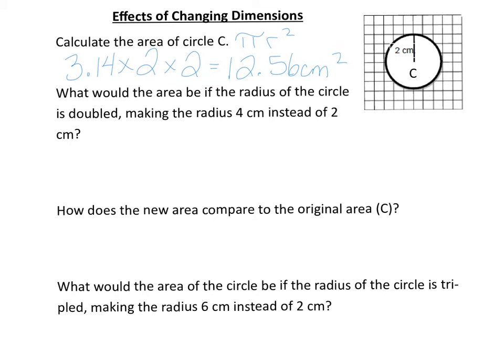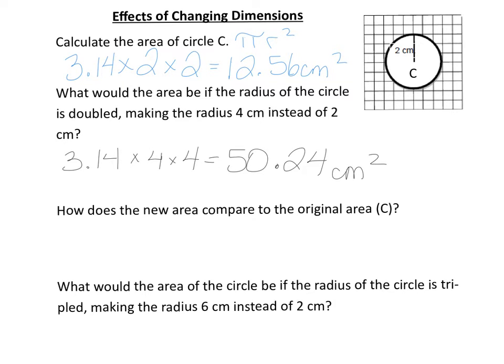So we are asked to know what happens to the area if the radius of the circle is doubled, meaning the radius is now 4 instead of 2. So now we're multiplying 3.14 times 4 times 4. And we end up with 50.24 centimeters squared.